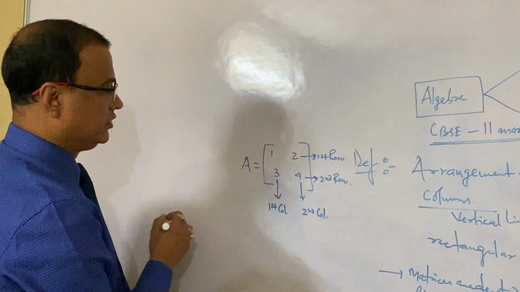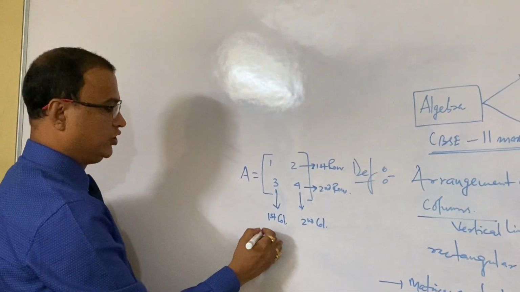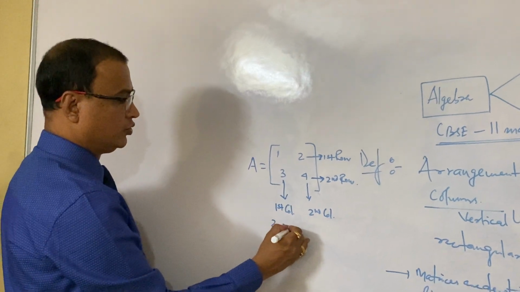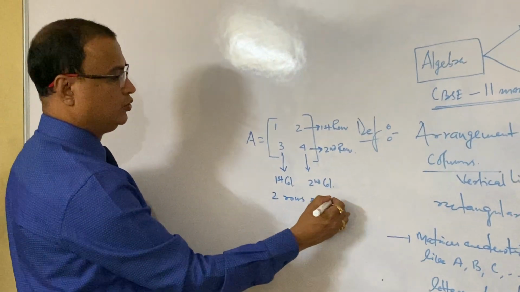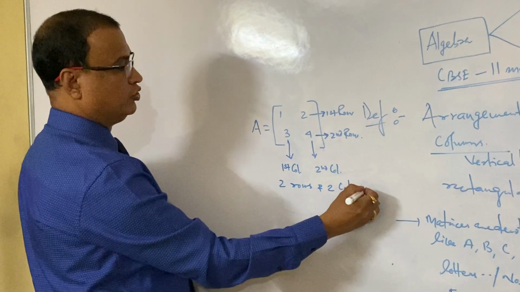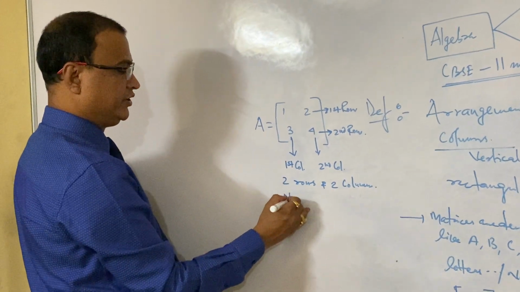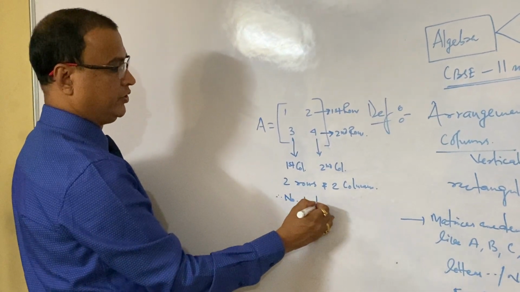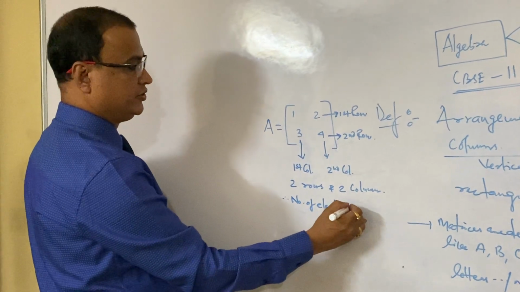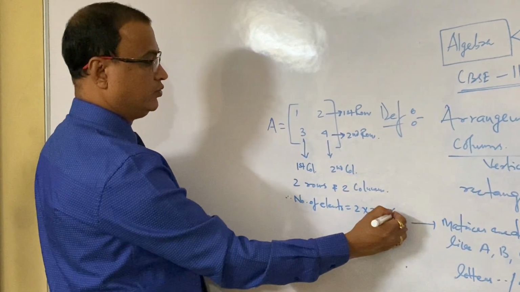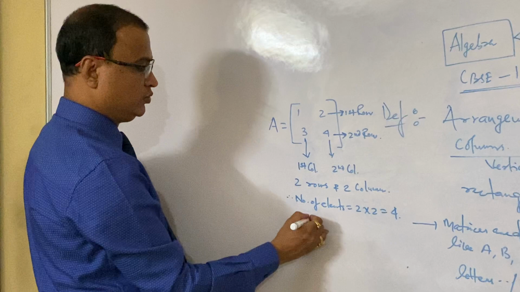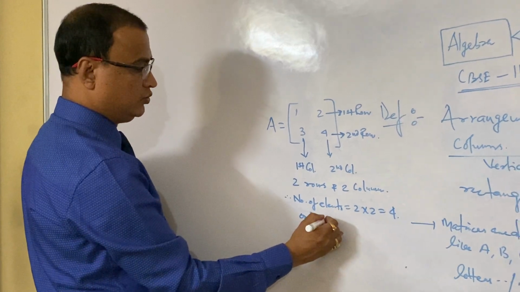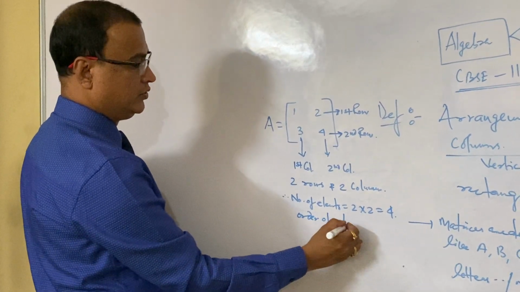So you can see there are two rows and two columns in this matrix. That means the number of elements in this matrix is 2 into 2, which is equal to 4. And this 2 by 2 is called the order of the matrix.